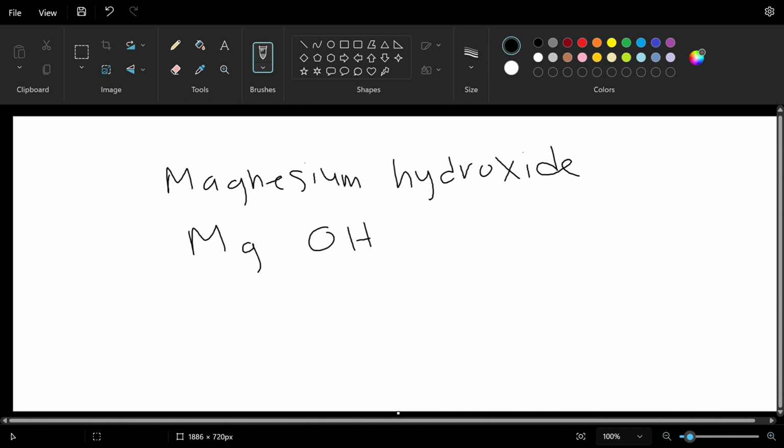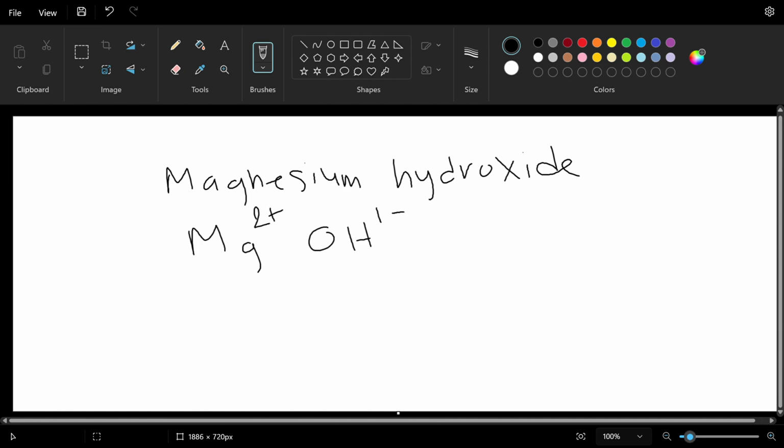And if you look at the charges, hydroxide will have a charge of -1, and if you look at the front of your periodic table, you'll see that magnesium has a charge of 2+. Now, like before, you're going to be using the cross method, which just means, again, switching the charges and using it as a subscript.